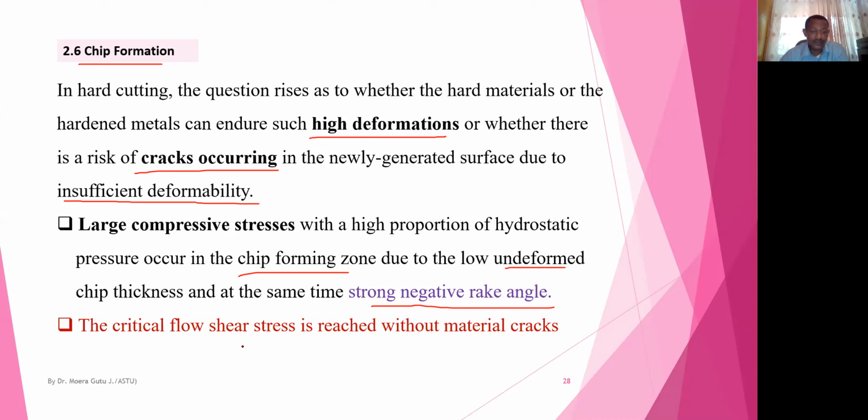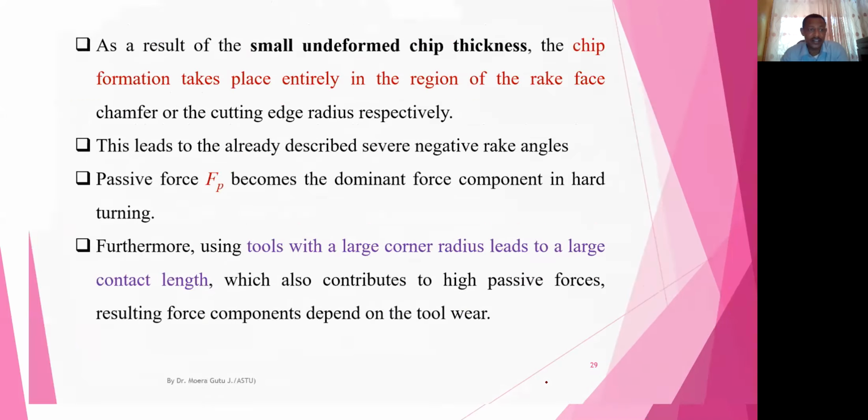The critical flow shear stress is reached without material cracking. If you have this, large compressive stresses will be reduced and the deformation is very easy, and the undeformed chip thickness is very small. The depth of cut is very small, and you can use a strong negative rake angle. You can easily machine by hard cutting, hard drilling, or hard turning techniques.